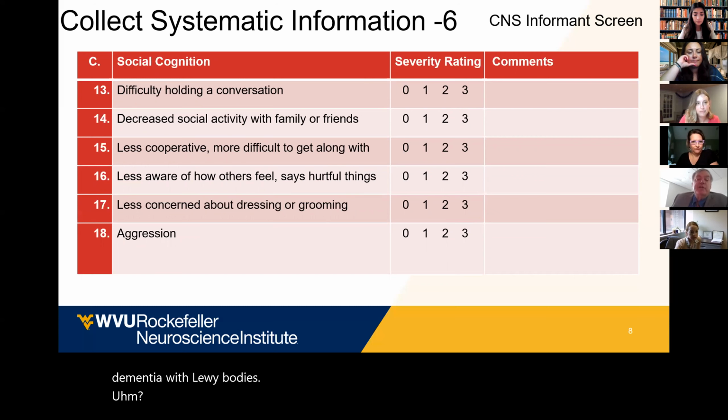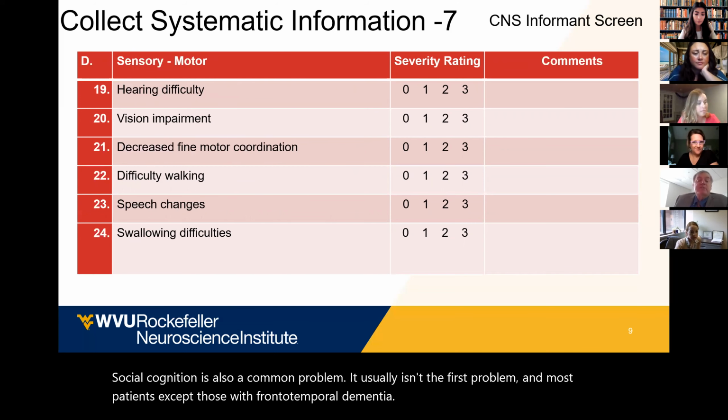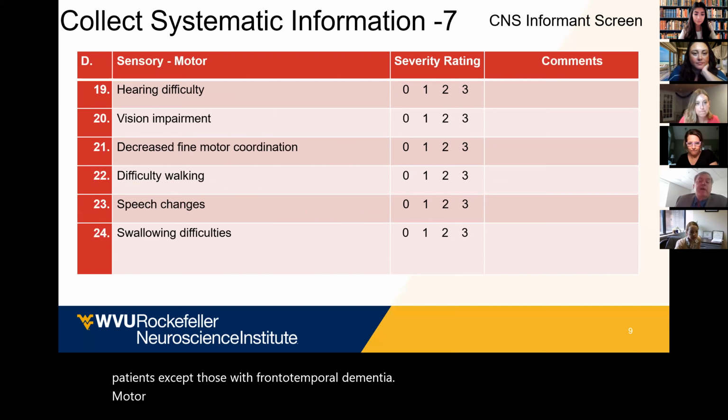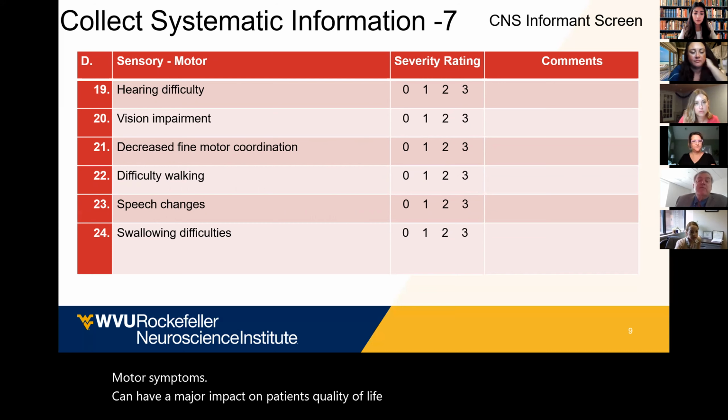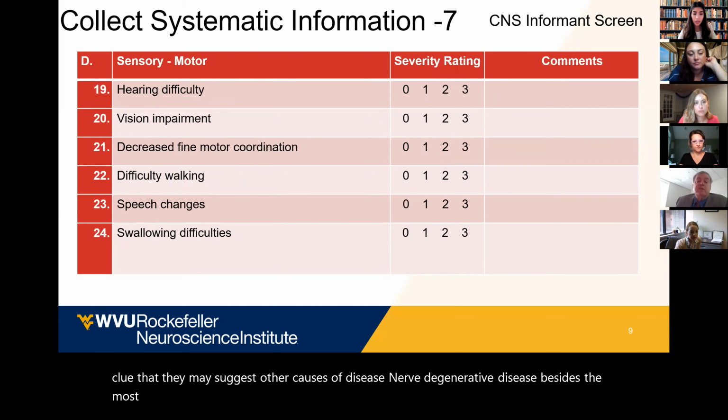Social cognition is also a common problem. It usually isn't the first problem in most patients except those with frontotemporal dementia. Motor symptoms can have a major impact on patients' quality of life, and some of these things can give you a clue that they may suggest other causes of neurodegenerative disease, besides the most common causes that we see in clinic.